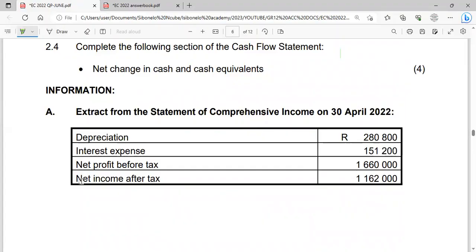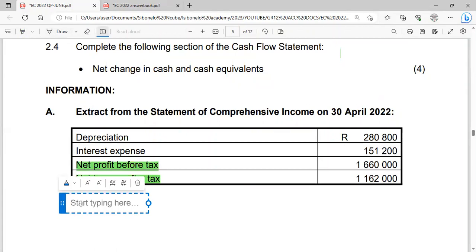Tax. Okay, so we are not given, but we're gonna calculate it. We have net profit before tax and net profit after tax. So now this is what you should do here. When you prepare the income statement, at the bottom of your statement, you have profits before tax. And then from profits before tax, you subtract the income tax expense.